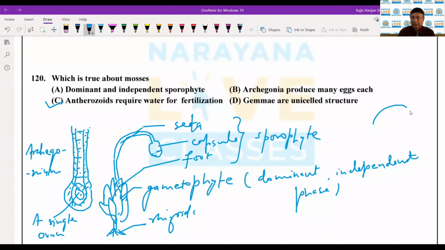So they are such a structure, and they are biflagellate, and they just require water to swim through when there rains. So with a splash of water, through the film of water, they move, and in this way they finally reach the archegonium present on the archegonial branch. Okay, so option C is correct.